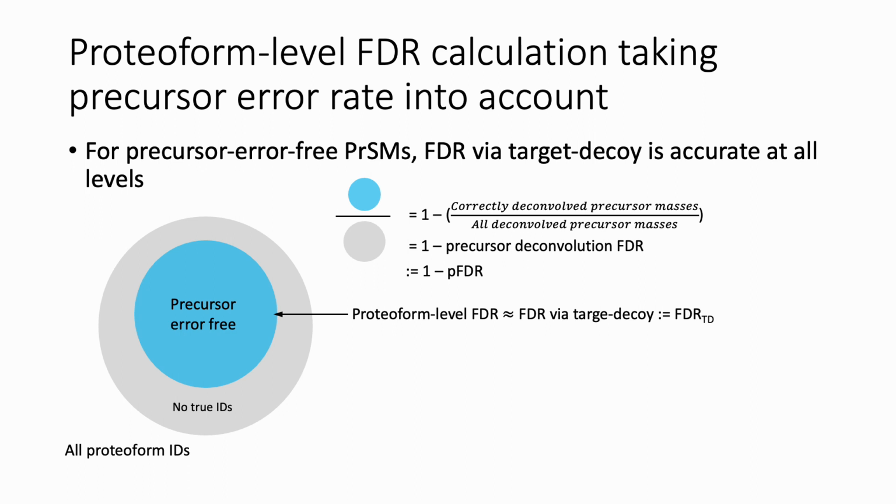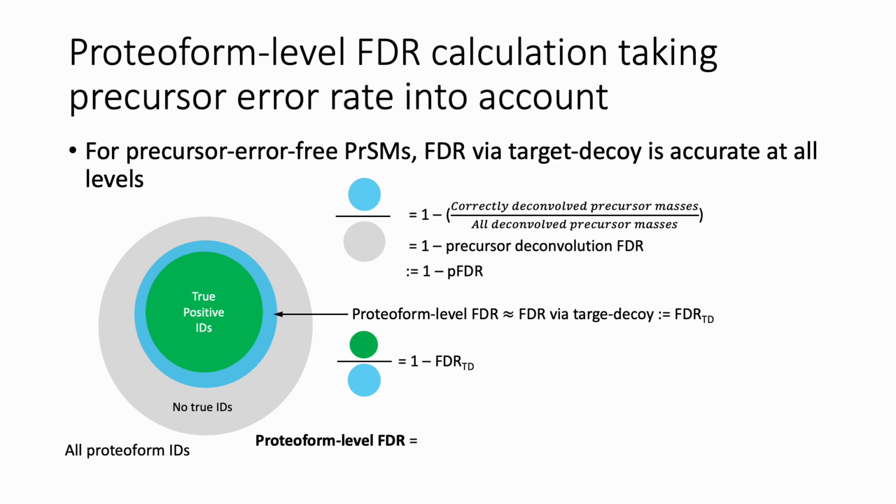Now, from the above observation, we can say in this blue region, proteoform level FDR is similar to FDR by target decoy, which is FDR TD. In other words, if we have the green portion, which is true positive IDs, the ratio between green and blue is given by 1 minus FDR TD.